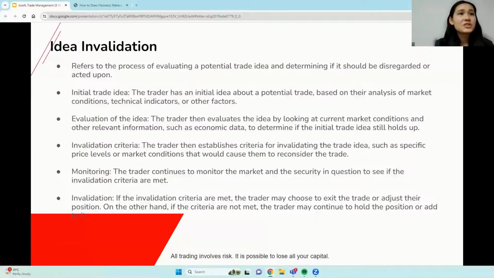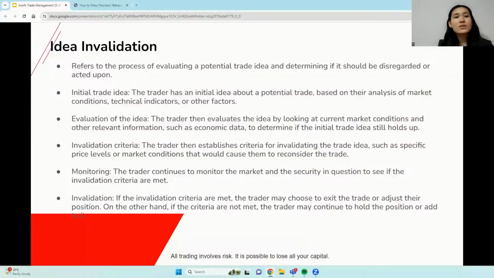So idea invalidation refers to the process of evaluating a potential trade idea and determining if it should be disregarded or acted upon. Essentially, it's a way of determining if a trade idea still holds up in light of new information or market conditions.